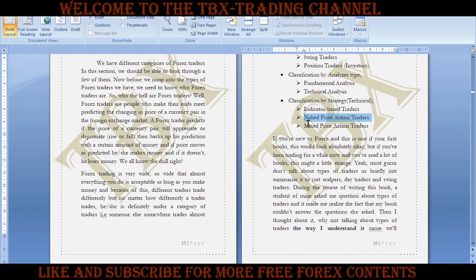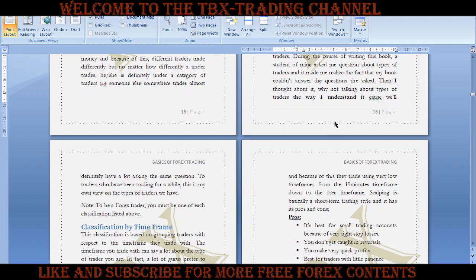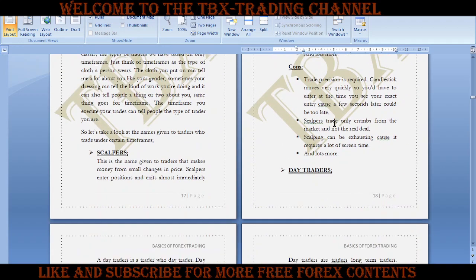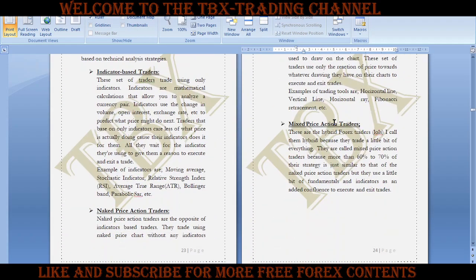And we have mixed price action traders. I think I'm a mixed price action trader. These are traders that use both indicators and price action. As I said earlier, the type of person you are in real life will determine the type of trader you are going to become. So let us jump to the next.